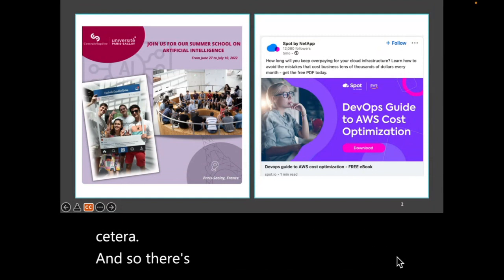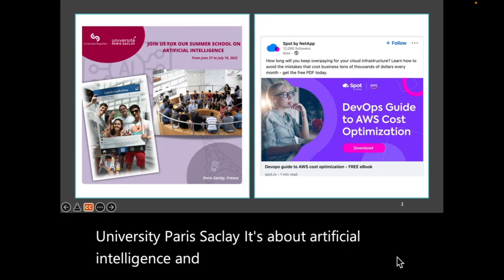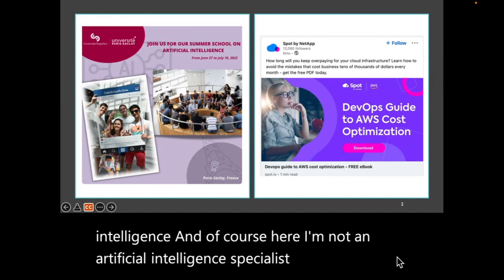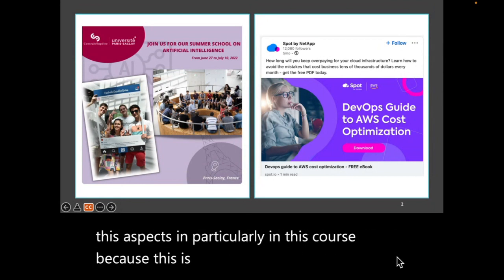There's one going on in Paris, at Université Paris-Saclay. It's about artificial intelligence. Of course, I'm not an artificial intelligence specialist, so I do not touch these aspects particularly in this course, because this is about engineering.